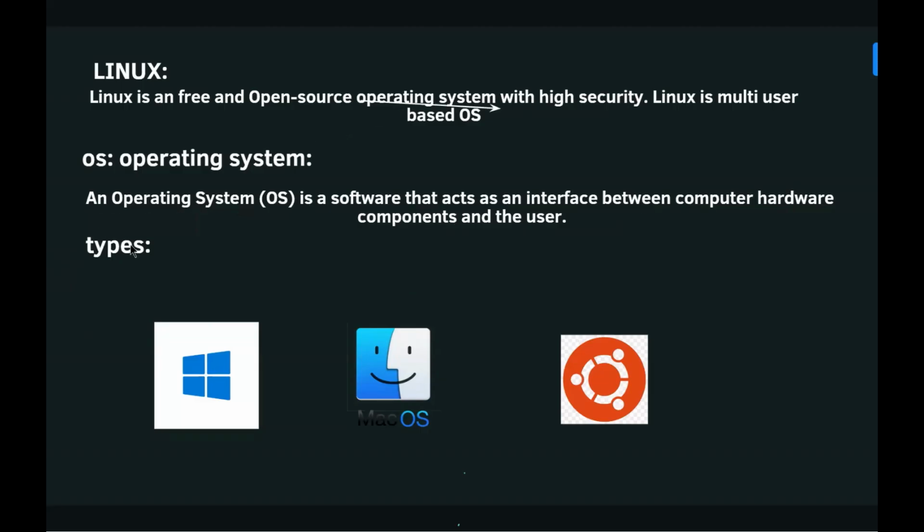Let's say we are the humans and this is our computer. If the human wants to communicate with the server, I need to have one interface. That interface is going to be your OS. So, clear?